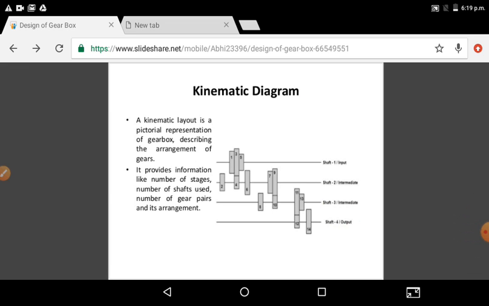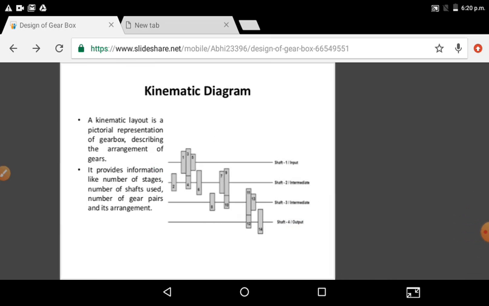With the help of the kinematic diagram, we can tell how many shafts are used in the gearbox and how many gears or transmission changes are on each shaft, meaning how many times the speed and torque can be varied at the shaft. It provides information like the number of stages, number of shafts used, number of gear pairs and their arrangement. So this is the kinematic diagram.